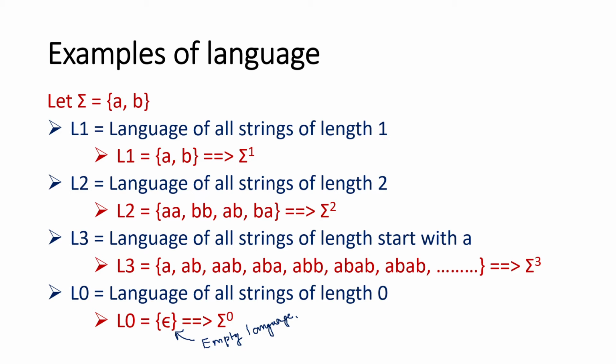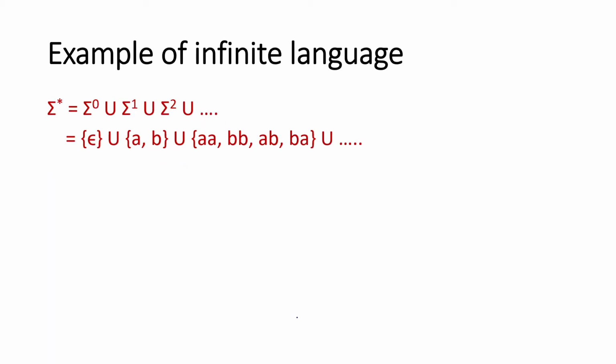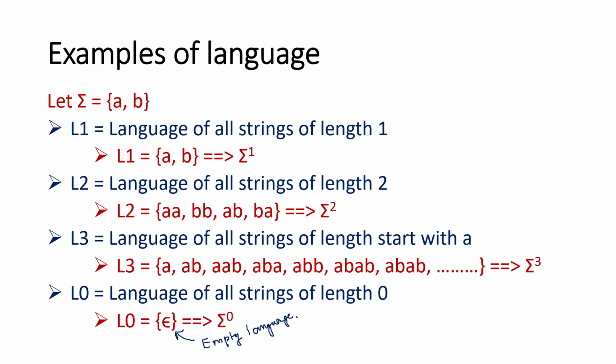Now the question is why are we thinking about all different types of languages. By the way, before we understand that, let's extend a little bit the languages that we have seen: sigma 1, sigma 2, sigma 3, sigma 0.